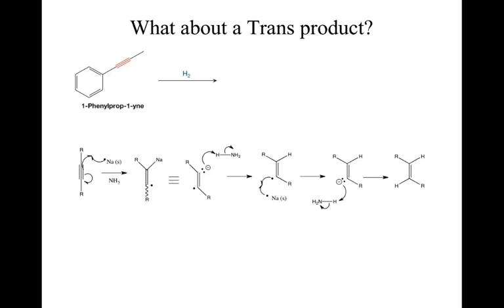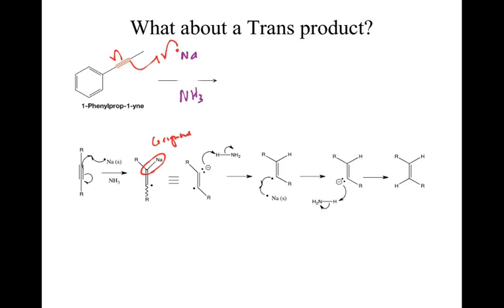So how can we get the trans? Well, this is where I said we bring in sodium metal and ammonia. The sodium metal will react by donating a single electron. That single electron donation causes the formation of a radical and an anion, roughly equivalent to, say, the Grignard.